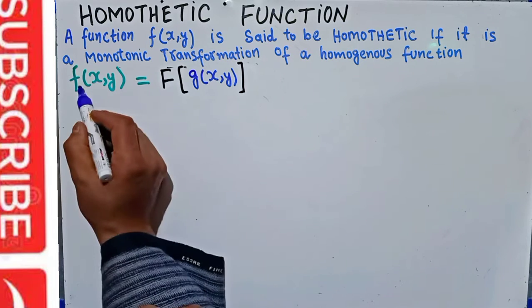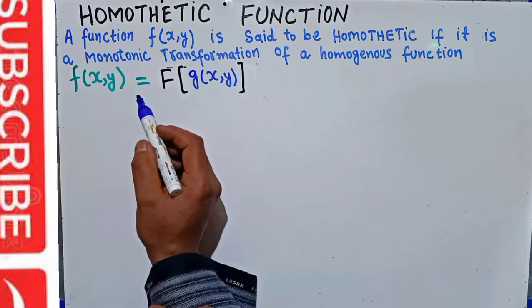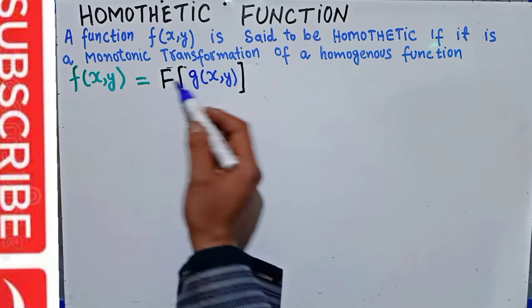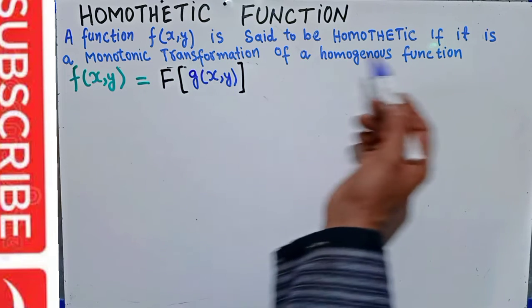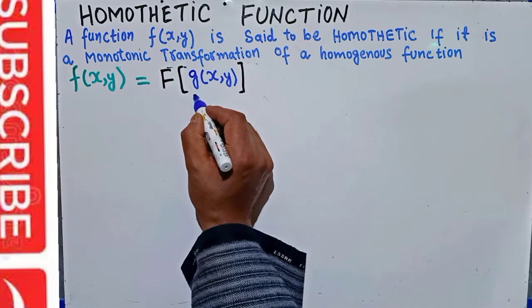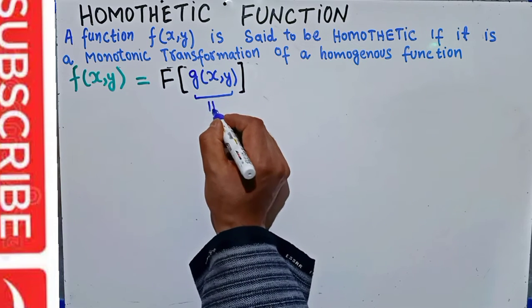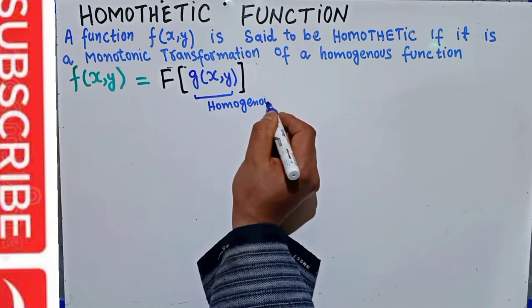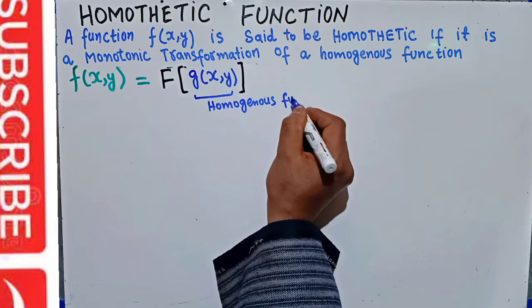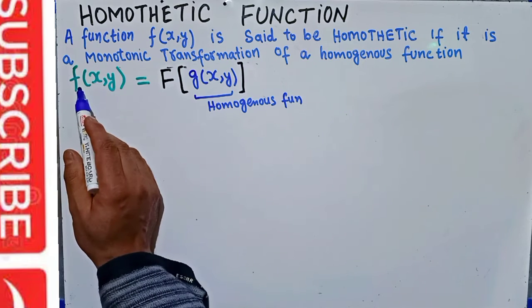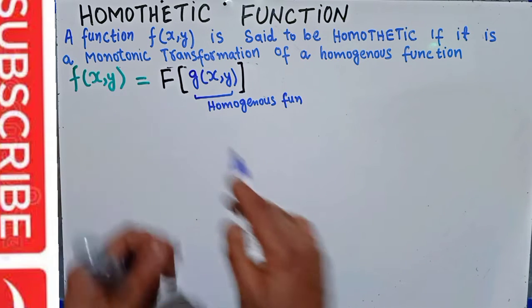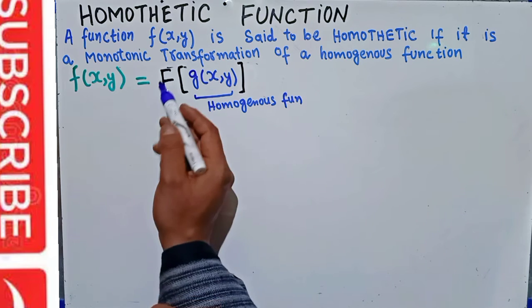I am saying this function is homothetic if we can write it as a monotonic transformation of a homogeneous function. This g of x is a homogeneous function. I am saying this f of x, y is a homothetic function if we have two functions in this fashion.